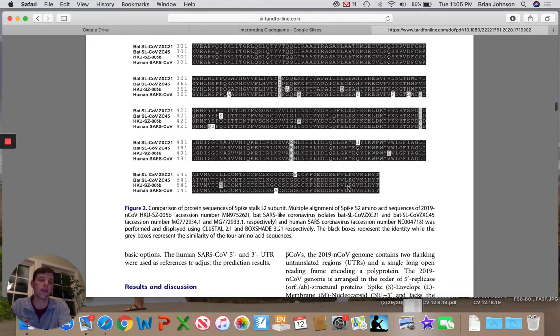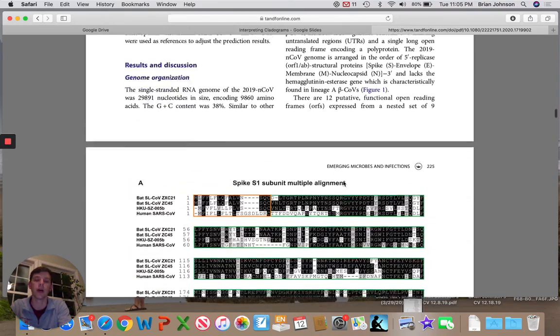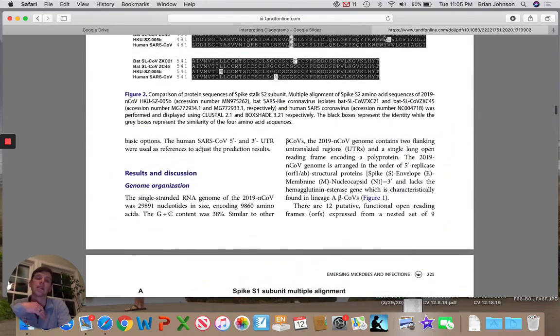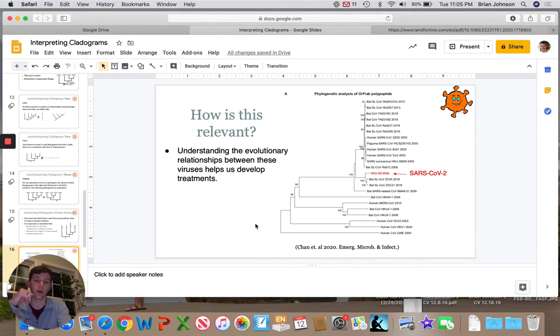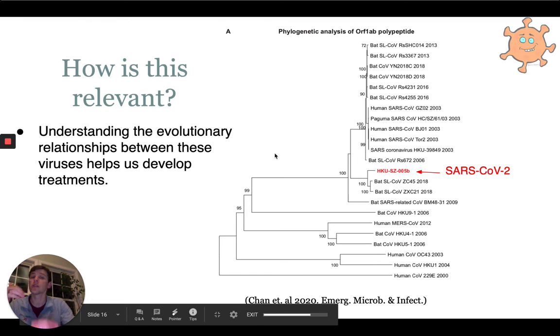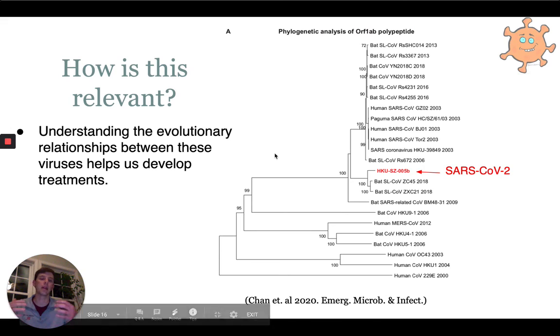You can see that we have up to 541 different amino acids there, and then they looked at other ones. This was a very extensive report that we went through in order to understand it. But that just gives you an idea of how scientists are still using this concept that organisms change over time, and those speciation events that take place help us to understand the life that we have on Earth.